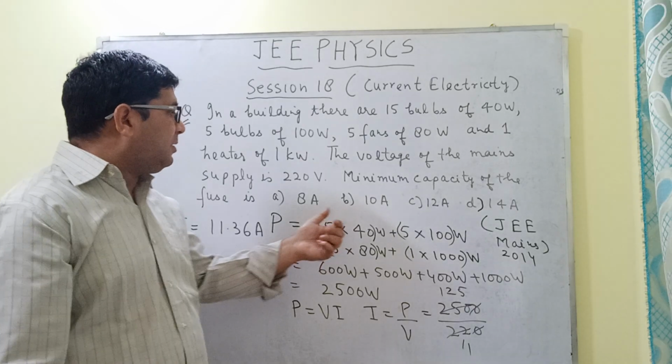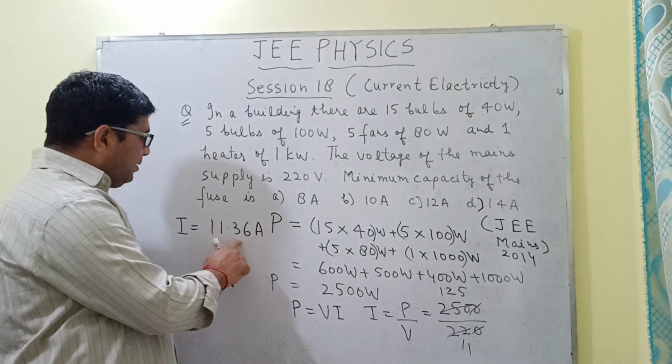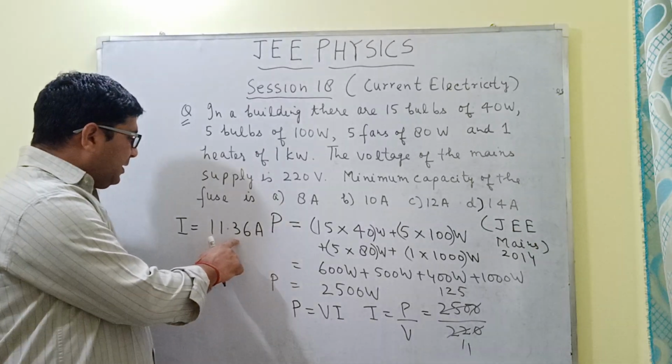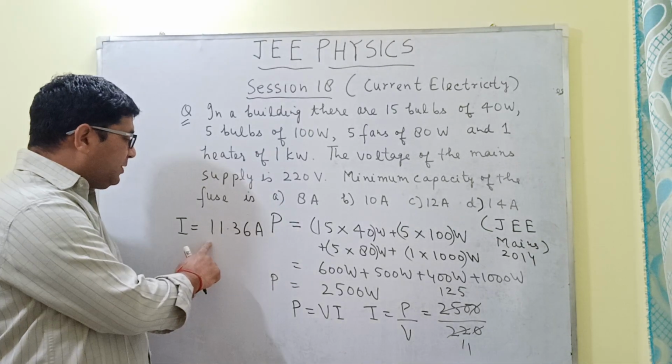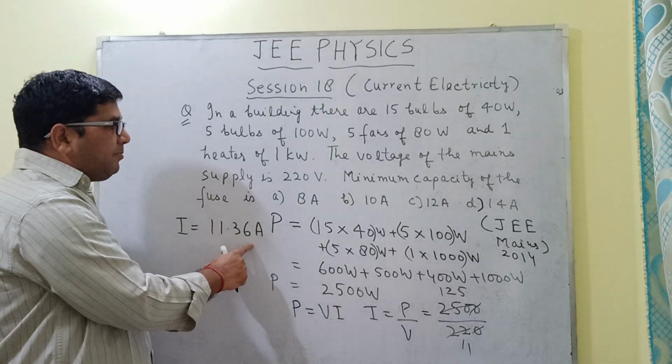So the capacity of the fuse should be equal to or more than this value, because if the value of the fuse is less than 11.36 ampere, then what will happen?